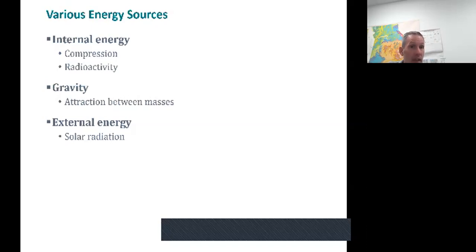We have gravity, which is a force between any two masses divided by the distance squared. We will talk a little bit about tides in our oceanography chapter, and the cause of tides is the gravitational pull between the Earth and any other object in space.